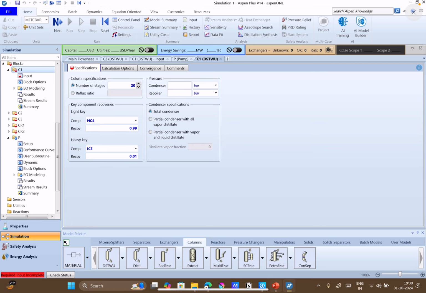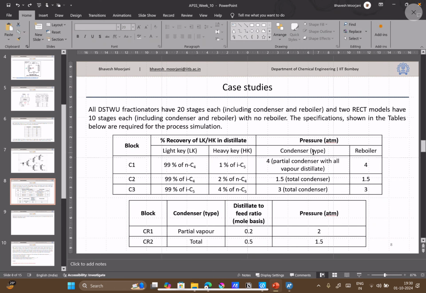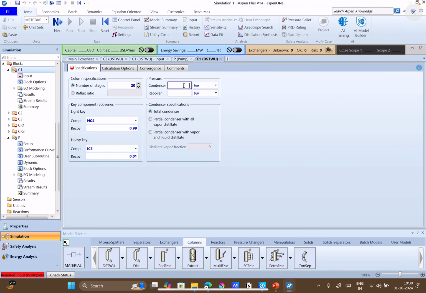Now for the condenser part, it has been provided that the operating pressure for first column is 4 atmosphere for both condenser and reboiler, and condenser is partial condenser with all vapor distillate.